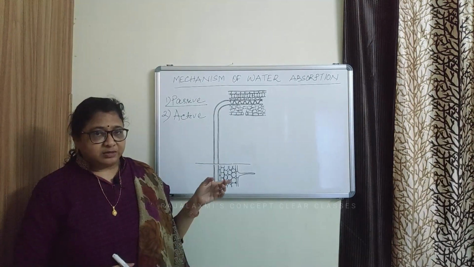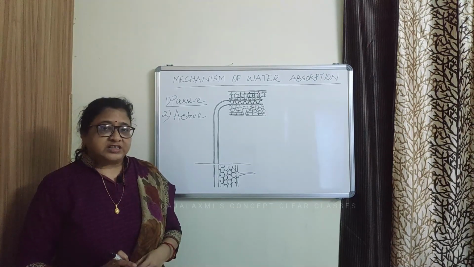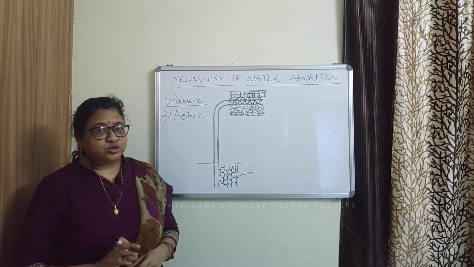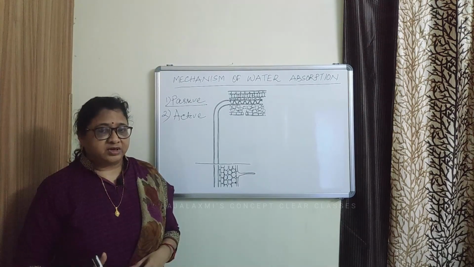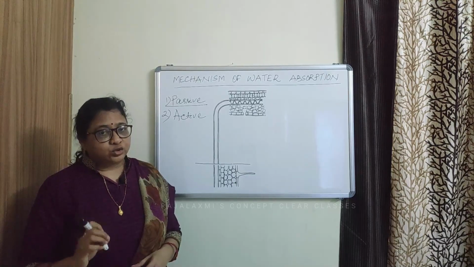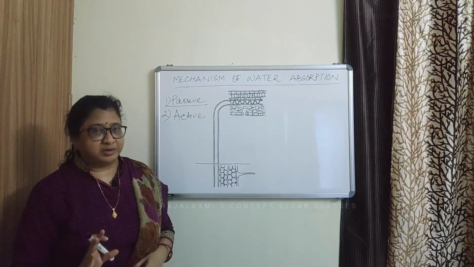So in passive absorption, the force is created from the transpiring surface, the leaf of the plant. The roots do not play an active role and there is no expenditure of energy. Water enters through the root, not by the activity of the root cells. This is called passive absorption.